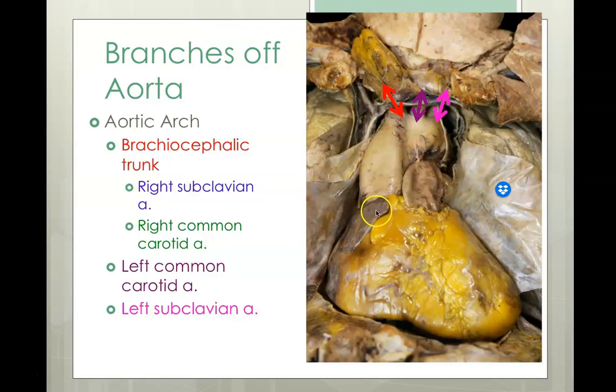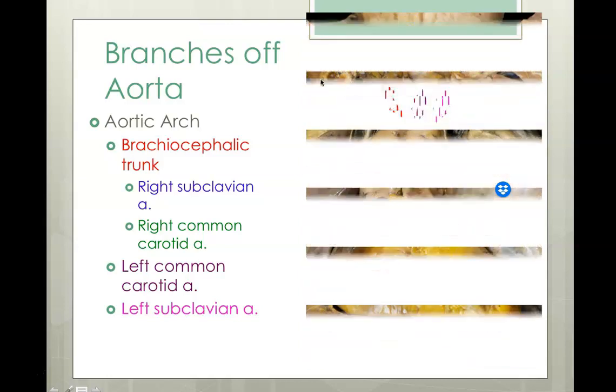And so I always like to refer to the brachiocephalic trunk as being an extension cord. So if we break down that word brachiocephalic, brachio is referring to the arm, cephalic is referring to the head. And so it's giving off branches such as the right common carotid going toward the head and the right subclavian going toward the upper limb.